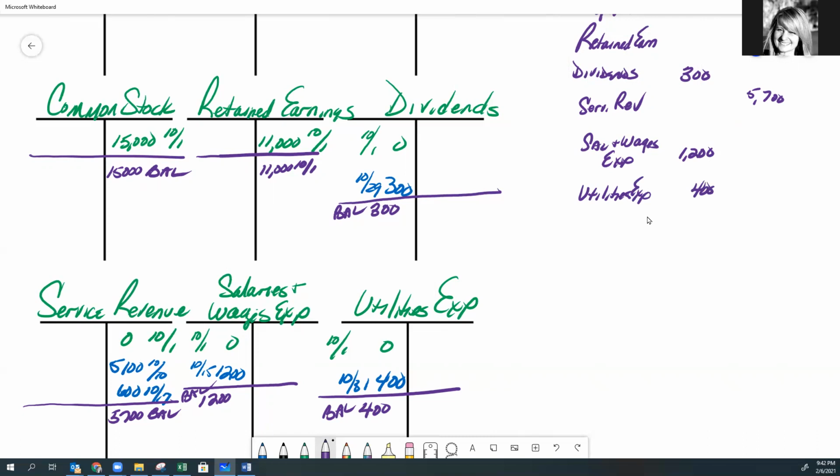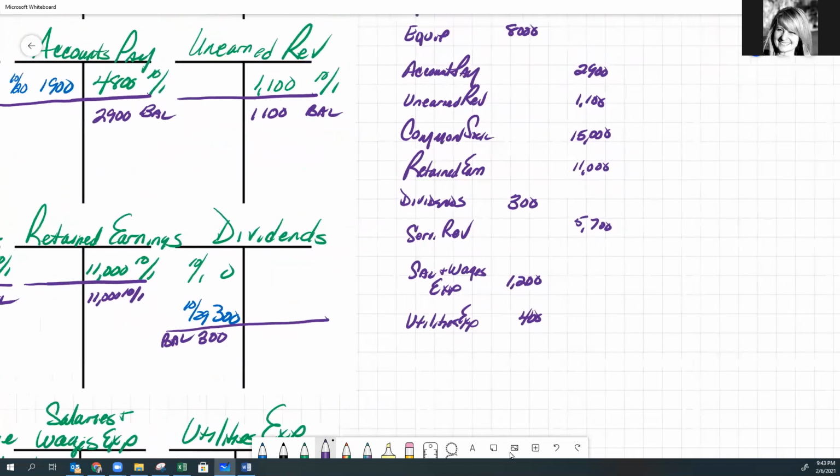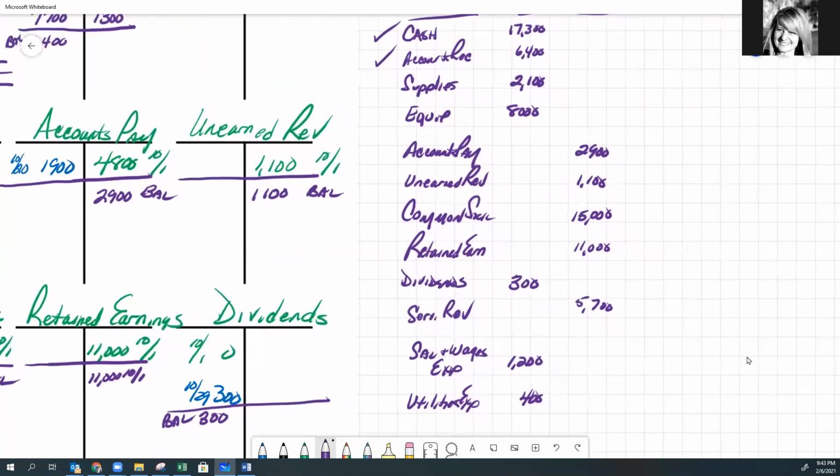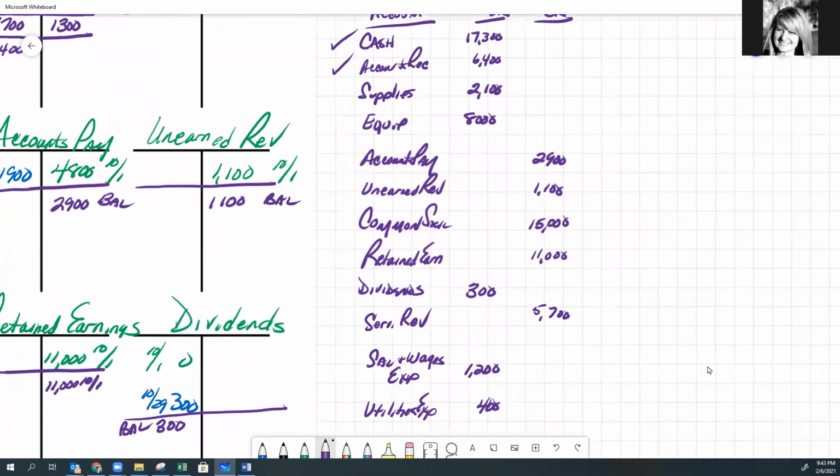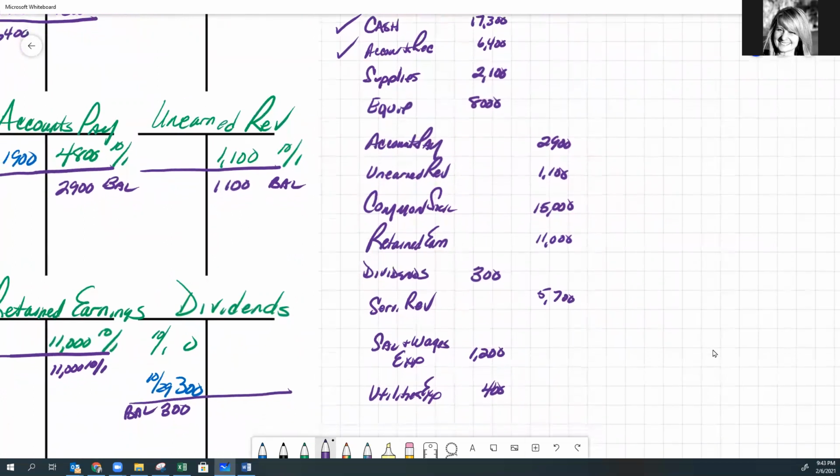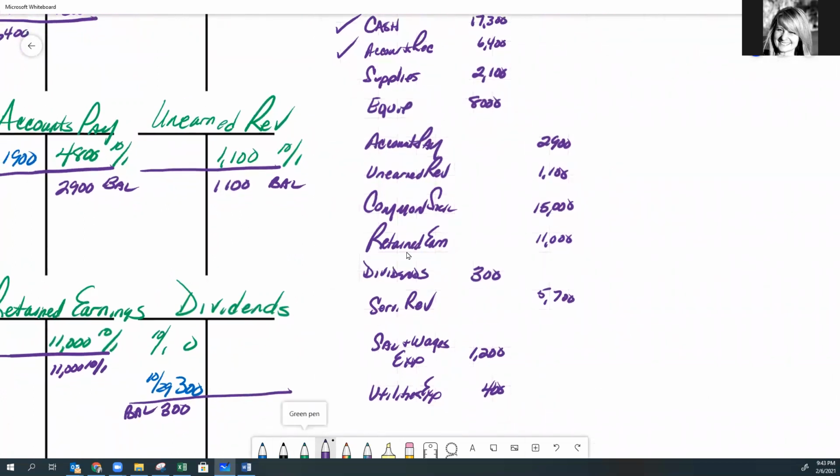So we've calculated all of our ending balances in all of our accounts, and we transferred those ending balances to our trial balance. And now what we're going to do is add up all of our debits and all of our credits. And if we did everything correctly, then our total of our debits and our total of our credits should agree.